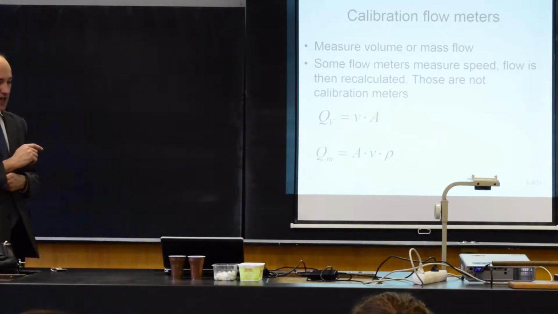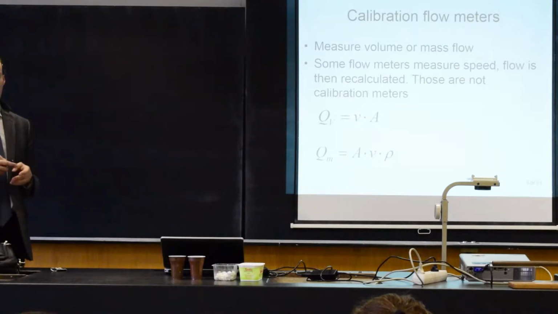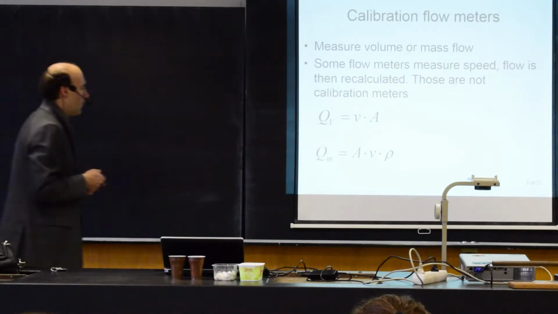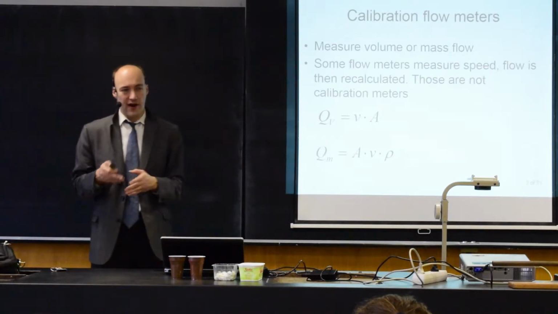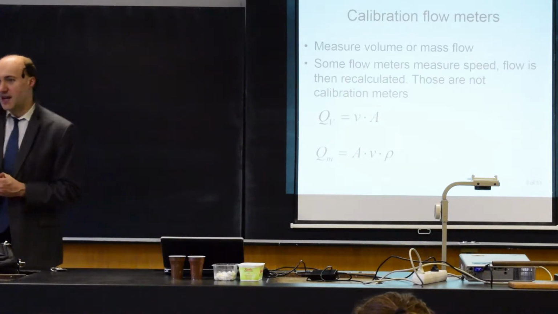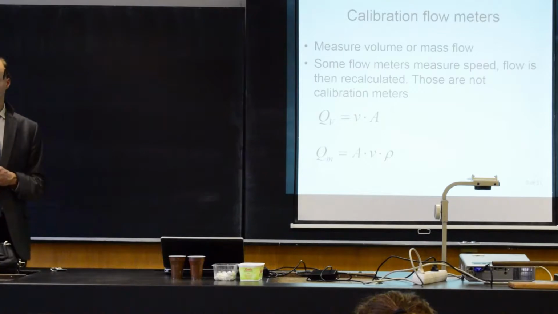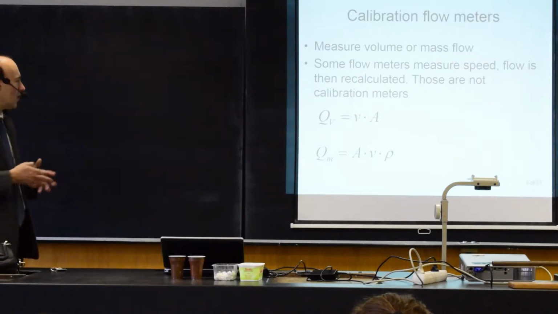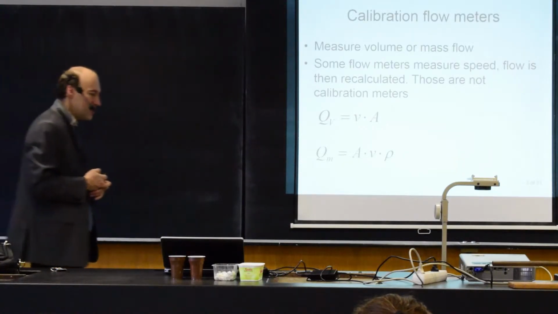So many flow meters are based on measurement of the flow or flow profile of the fluid, and then this is multiplied by the cross-section. So today we will see all those three possibilities.